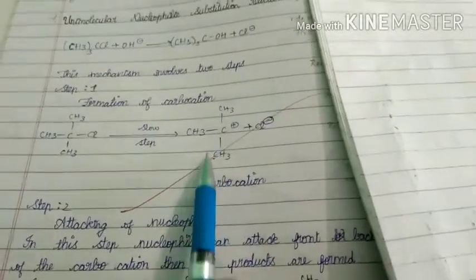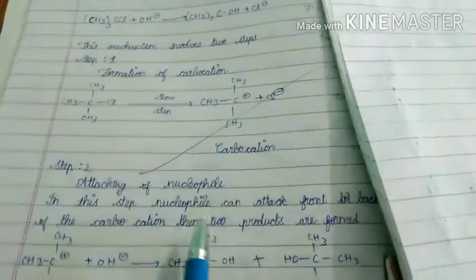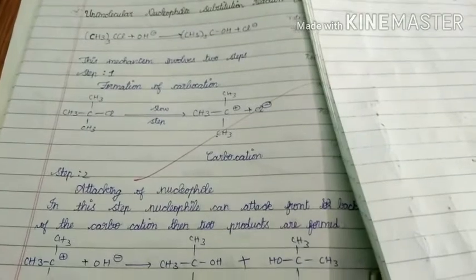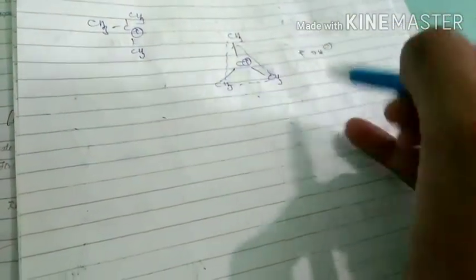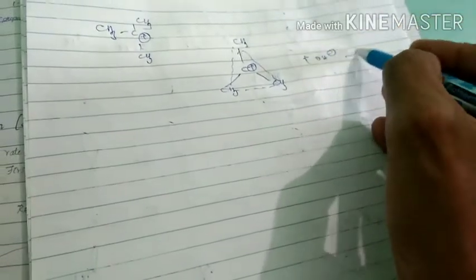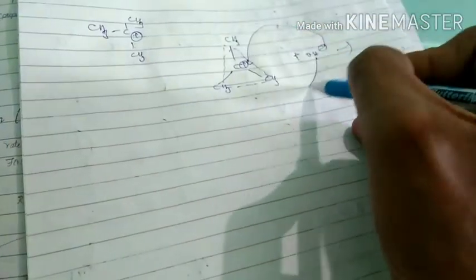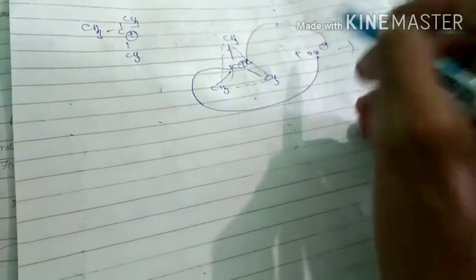In the second step, this carbocation reacts with the nucleophile, that is the attacking nucleophile, the hydroxide ion. When this compound reacts with the hydroxide ion, the nucleophile can attack the front side or back side of the carbocation. That means there are two chances of formation of products.